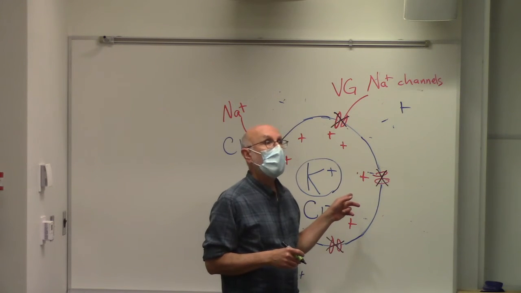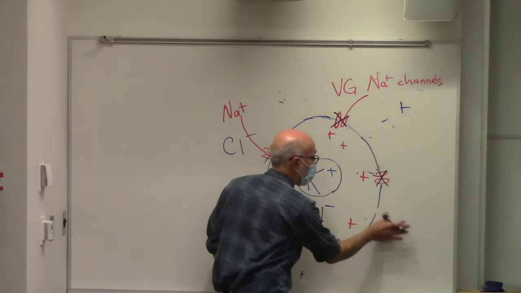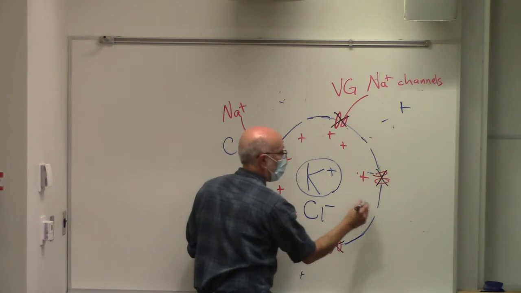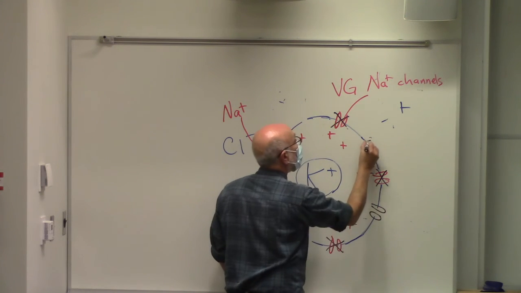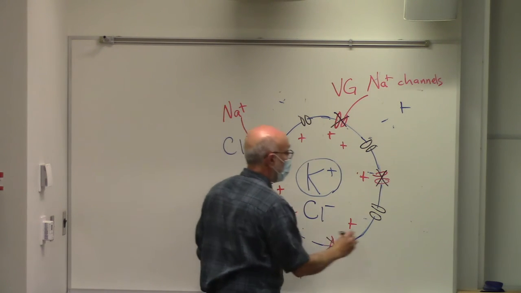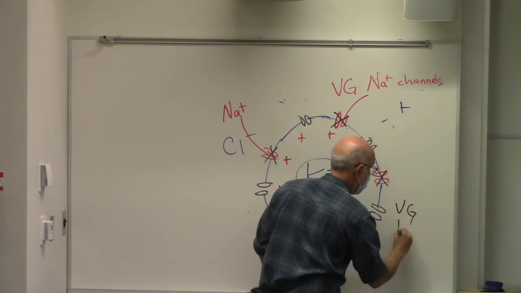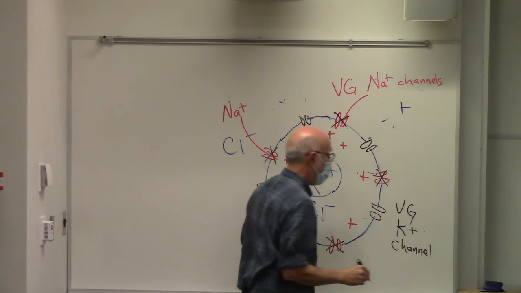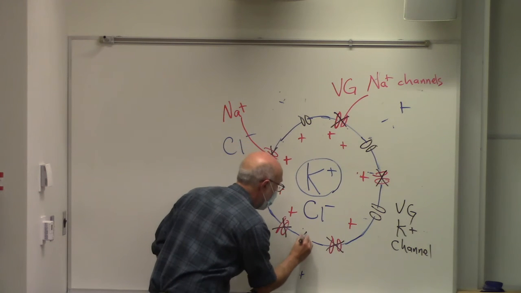Now we have a different population of potassium channels that I'll illustrate with a different color. It opens up a voltage-gated potassium channel. Well, more than one, a whole boatload of them.